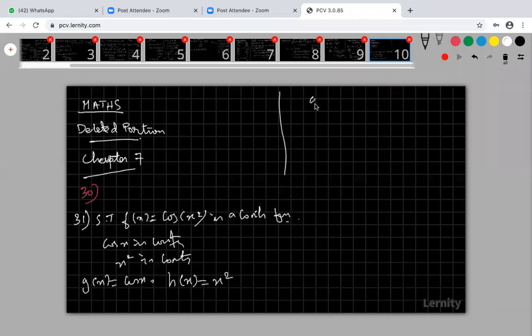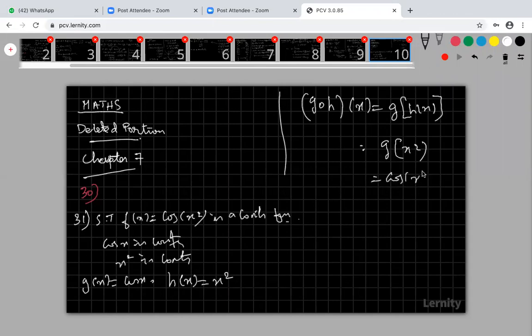Therefore my g composition h of x. What is g composition h of x? That is g of h of x. What is my h of x? My h of x is nothing but x square. What is my g of x square? Cos of x square. Please try to understand.